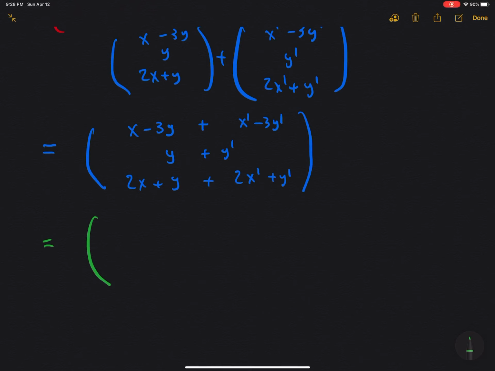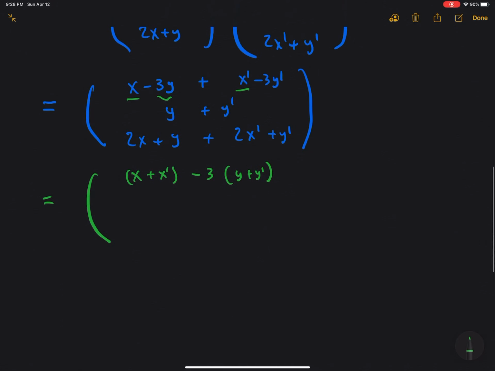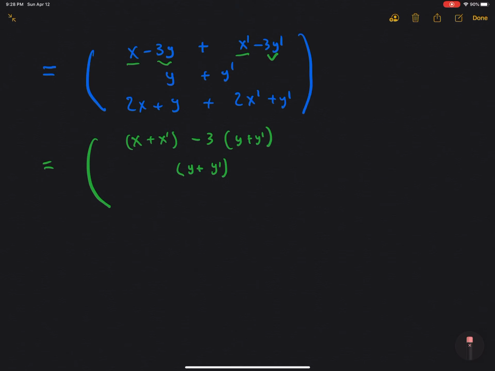If we rearrange the parameters that we have, we can write them in the following way. Just putting the x's together and the y's together, the first component is x plus x prime minus 3 times y plus y prime. The second component is y plus y prime. And the last one is 2 times x plus x prime plus y plus y prime.